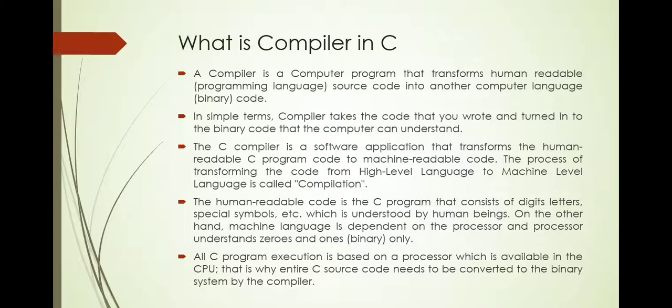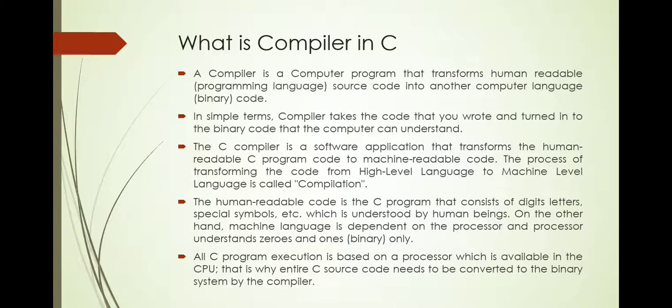Now we'll see what a compiler in C is. As we know, the computer understands only binary language, that is, zeros and ones. A compiler is a computer program that transforms human readable source code into another computer language.